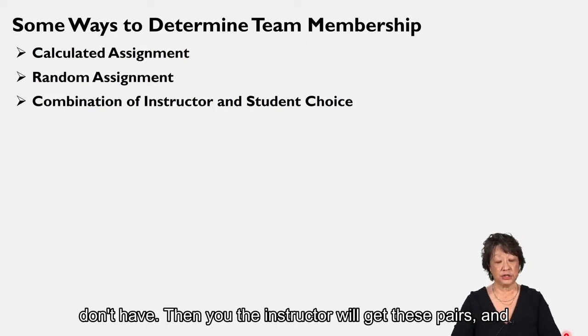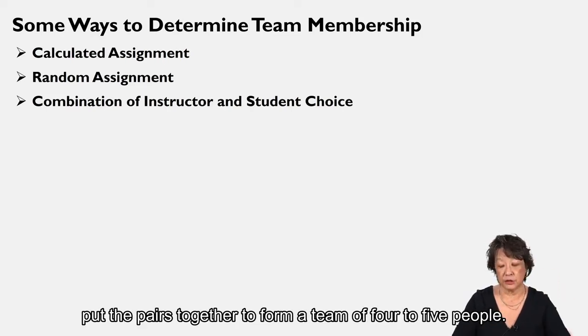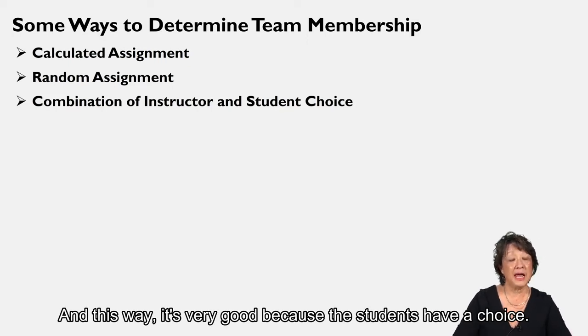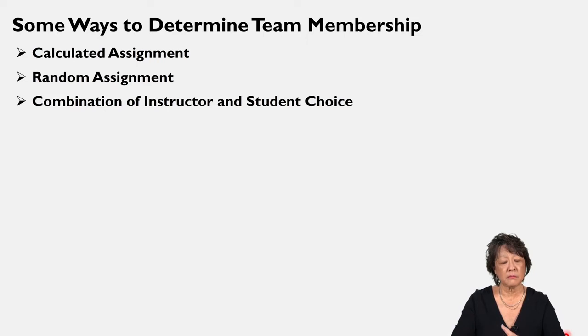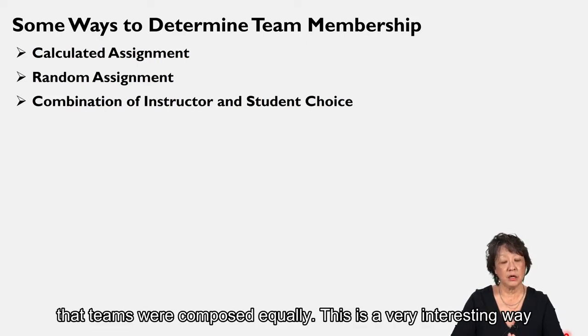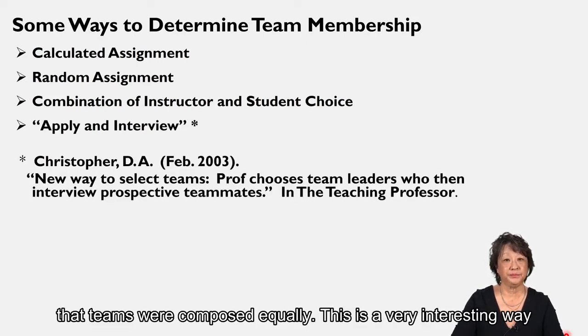Then you, the instructor, will get these pairs and put the pairs together to form a team of 4 to 5 people. And this way, it's very good because the students have a choice, and then you can make sure at the end that the teams were composed equally.